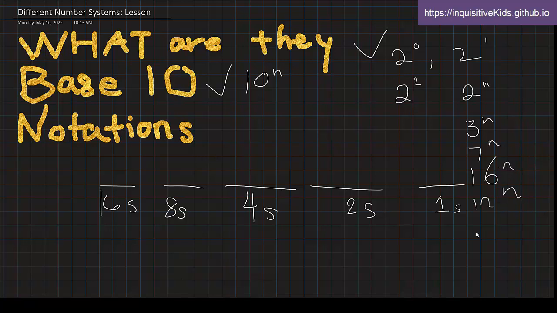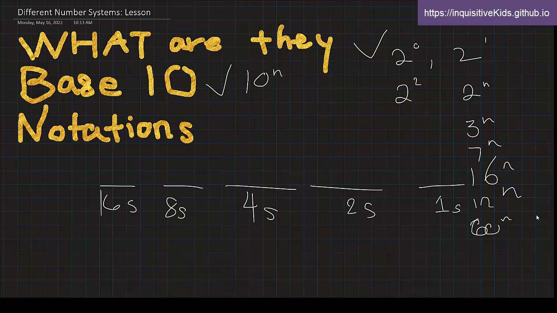Or 16 or 12 or 60 to the nth power. These are all some bases that we can think of. For example, 60. Where do we use 60? If you know a bit of history and if you have learned about the Babylonian Empire, their number system was by 60s. And actually, we still use a base 60 number system right now.